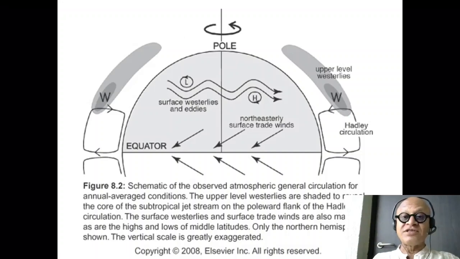The polar cell, we said, was related to having high pressure, air flowing out, adding Coriolis and creating polar easterlies, right? So there are northeasterly and southeasterly trade winds in the deep tropics that Hadley also had seen, and he had already figured out the impact of the rotation of Earth.